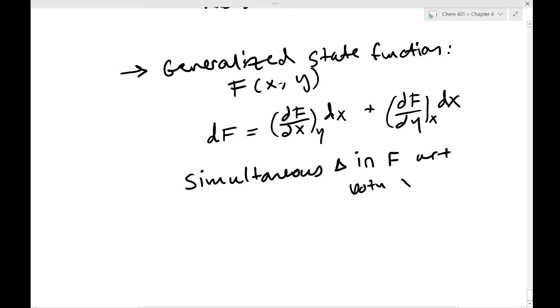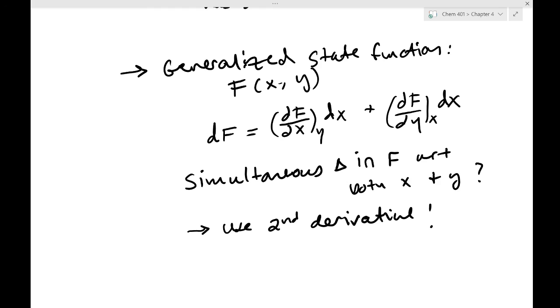Basically, all I'm asking here is a second derivative. We can take the first derivative and then take a second derivative with respect to the second variable, and therefore you have the simultaneous change in f with respect to both x and y variables.